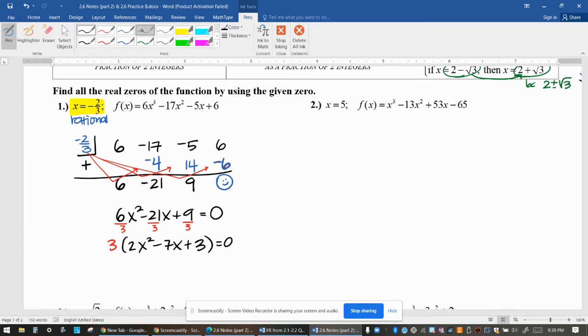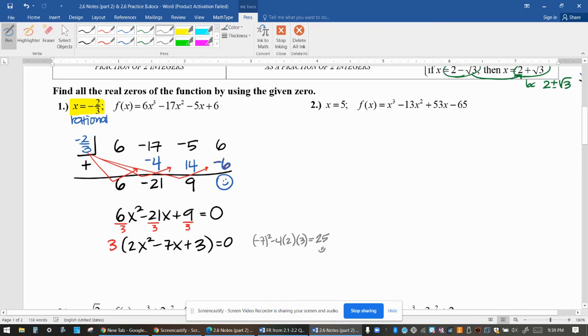The discriminant of this quadratic is b squared minus 4ac. Now remember, if the discriminant comes out perfect, it means that I can factor this polynomial. So take a minute to do negative 7 squared minus 4 times 2 times 3. If it comes out perfect, which it does, that means that we can factor.